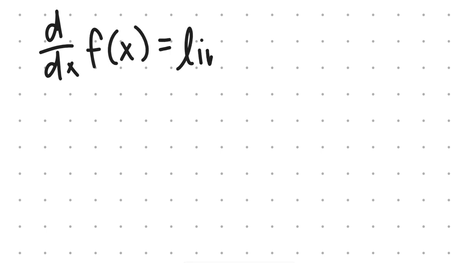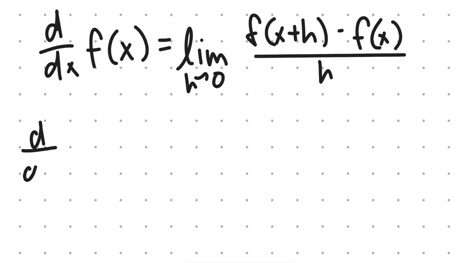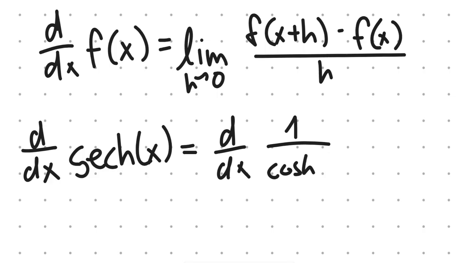Now, since we know the definition of a derivative function, we're going to write it down as the limit as h approaches 0 of f of x plus h minus f of x, all over h. And since we know this, we are just going to plug this in. The hyperbolic secant of x is equal to the hyperbolic cosine of x taken to the negative 1 power, so it is just 1 over cosh x.